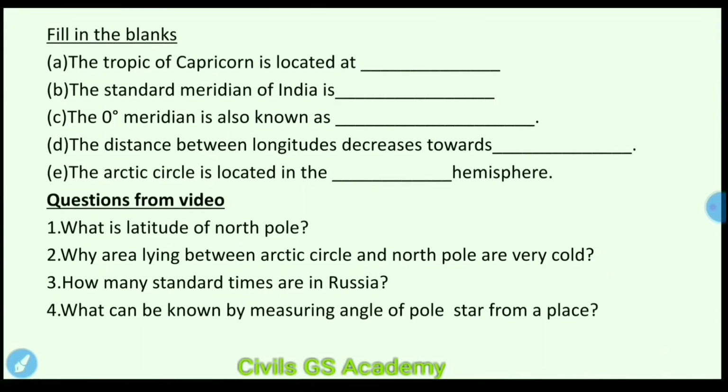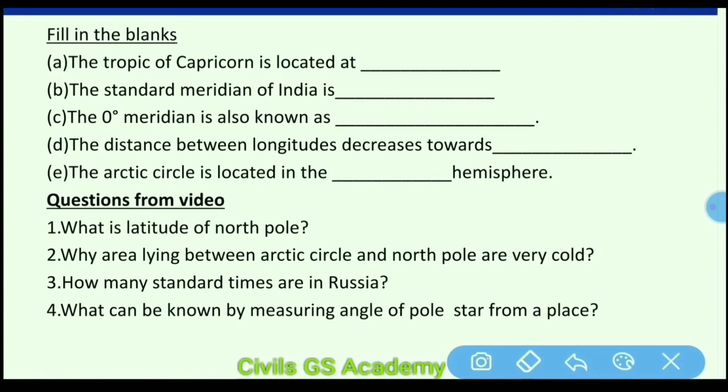Fill in the blank. The Tropic of Capricorn is located at 23.5 degree south. The standard meridian of India is what? You tell me the answer. Now come to question C. The 0 degree meridian is also known as what?